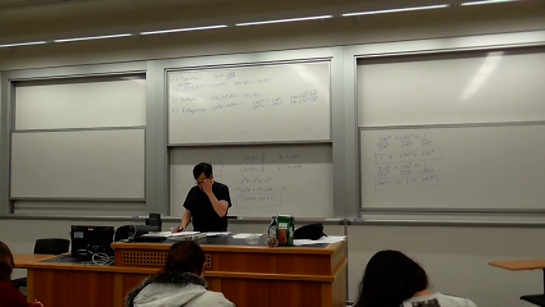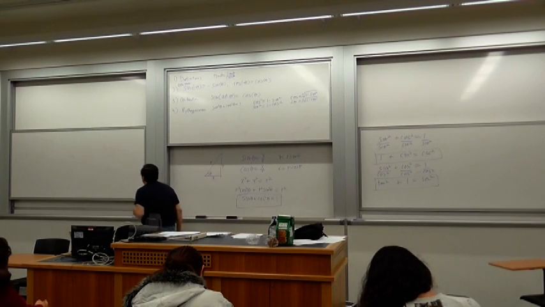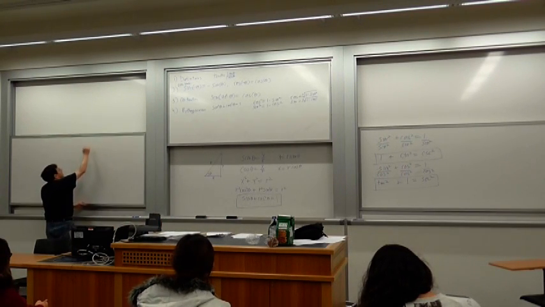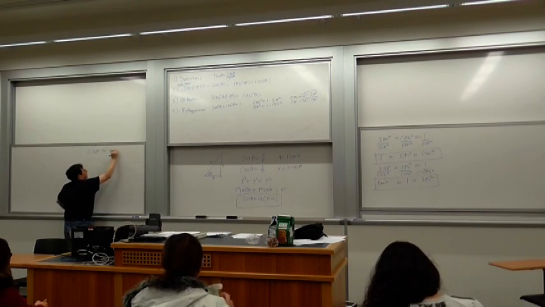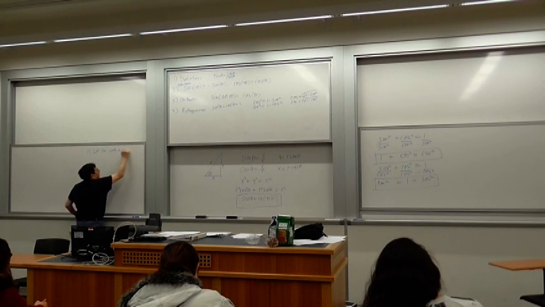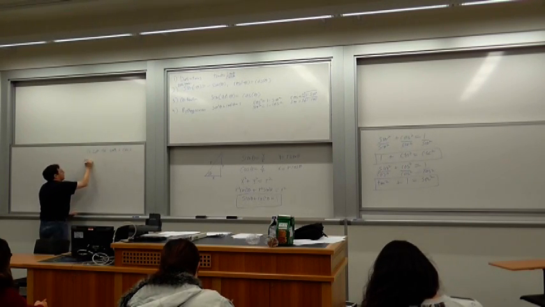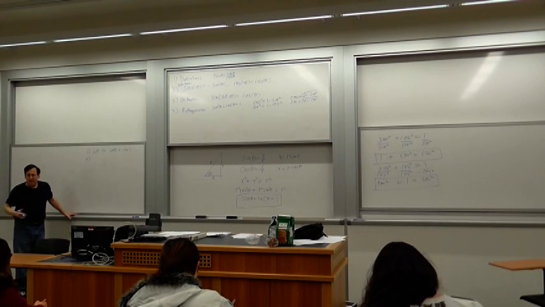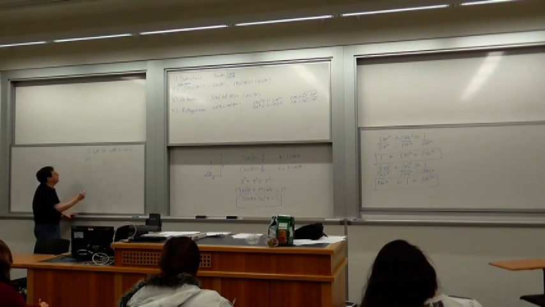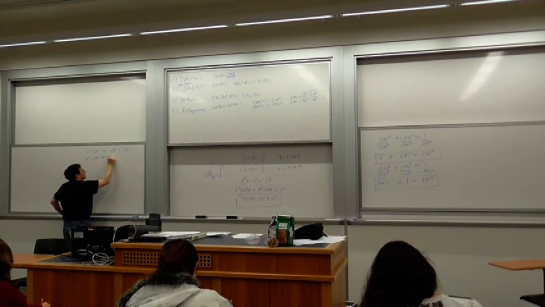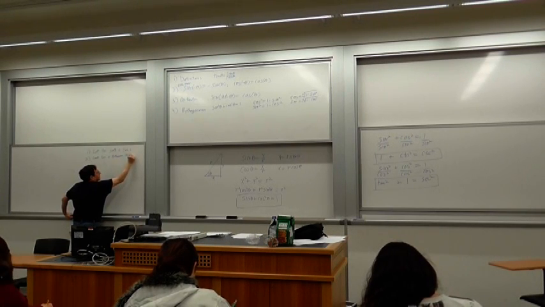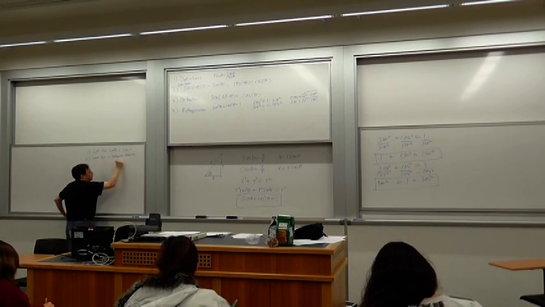So maybe I should make a list of strategies here. I've given you one, which was convert to sines and cosines. Second, and maybe even more important, is look for a Pythagorean identity, and I'm going to throw in the word substitution.